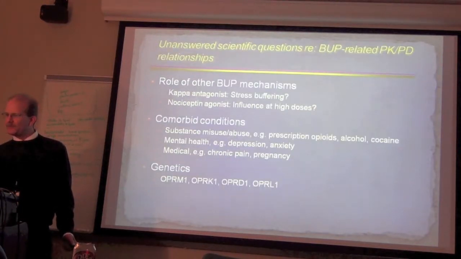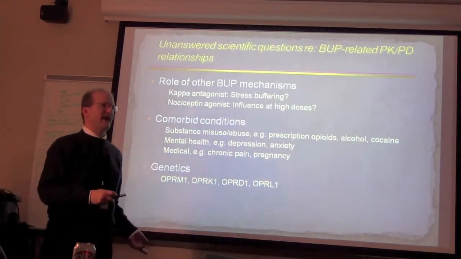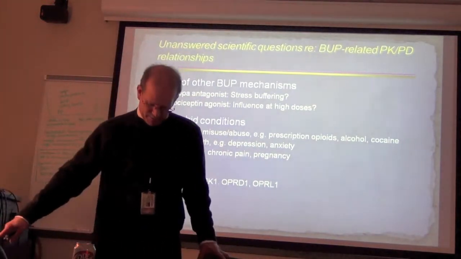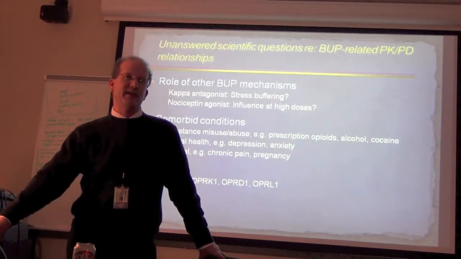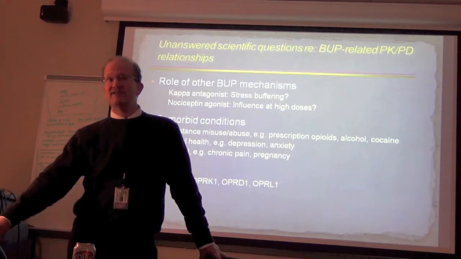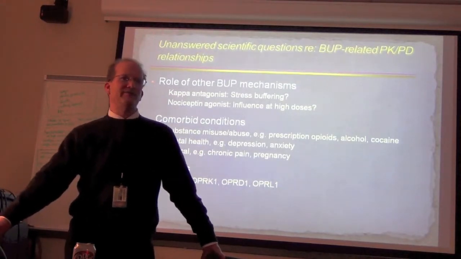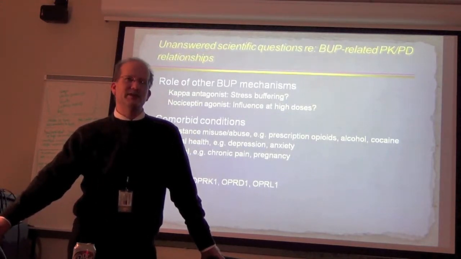Just some final things, there are some interesting questions that can be asked about buprenorphine's kappa antagonist properties. Medication development experts have been very interested in the kappa system because kappa antagonists may be a good anti-stress target. The first medication that was tried failed in its very first subject in a clinical trial. I was talking to the guy who developed the medication that was being tested, and they've gone back to the drawing board.